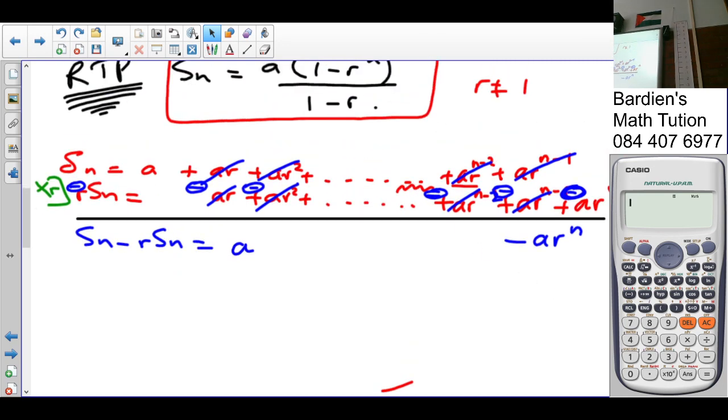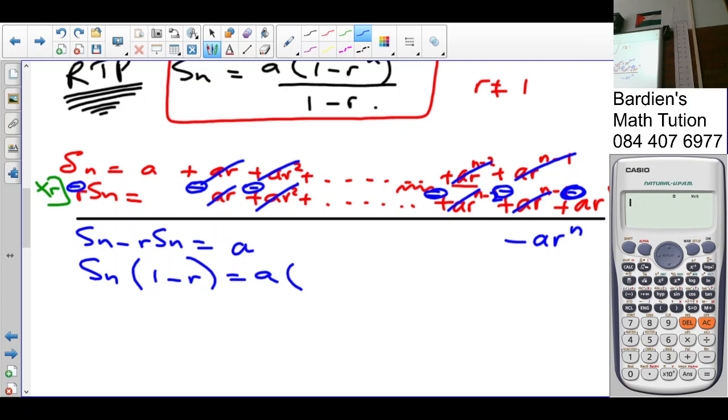What do we notice here on the left hand side? Is a common factor. Common factor. What are we left with? 1 minus r. Let's try the same on that side. What do we see here? A is common.